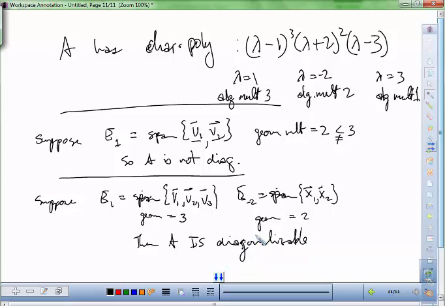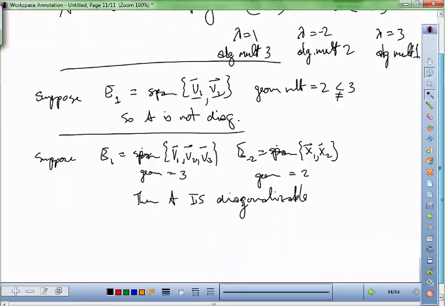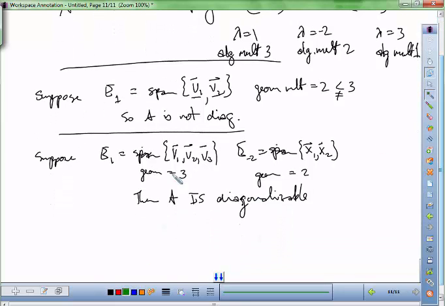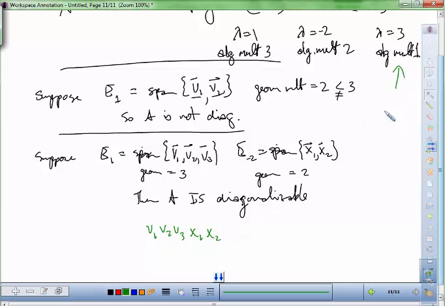Okay? Not only that, but the other theorems preceding it say stuff like V1, V2, V3, X1, X2. And if we found the eigenvector for the last one, let's say it has an eigenvector of U, what can you say about this list of vectors?